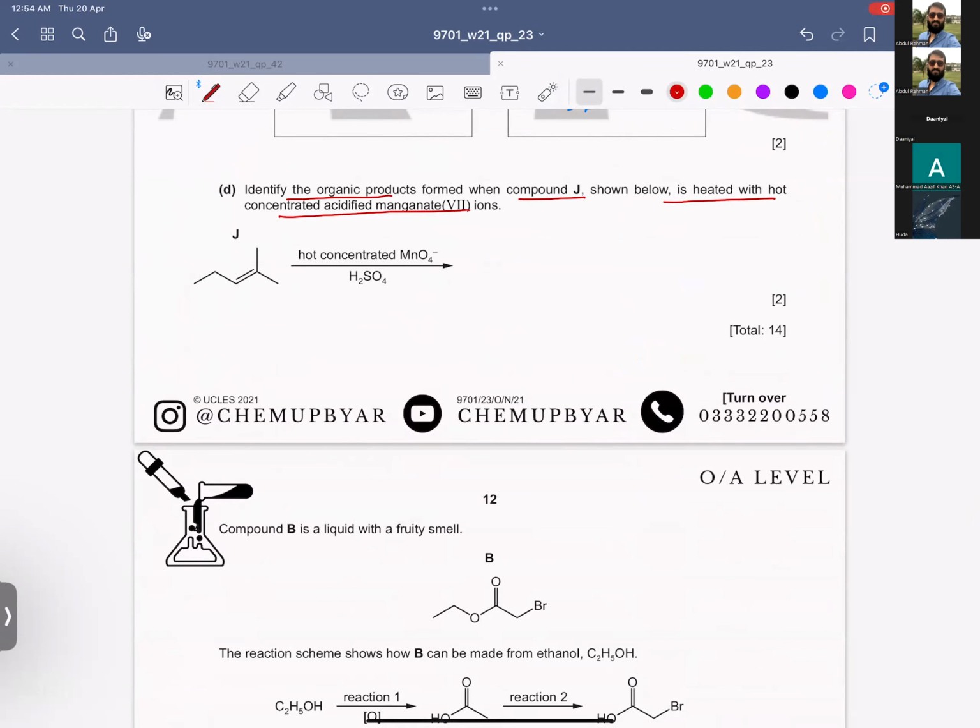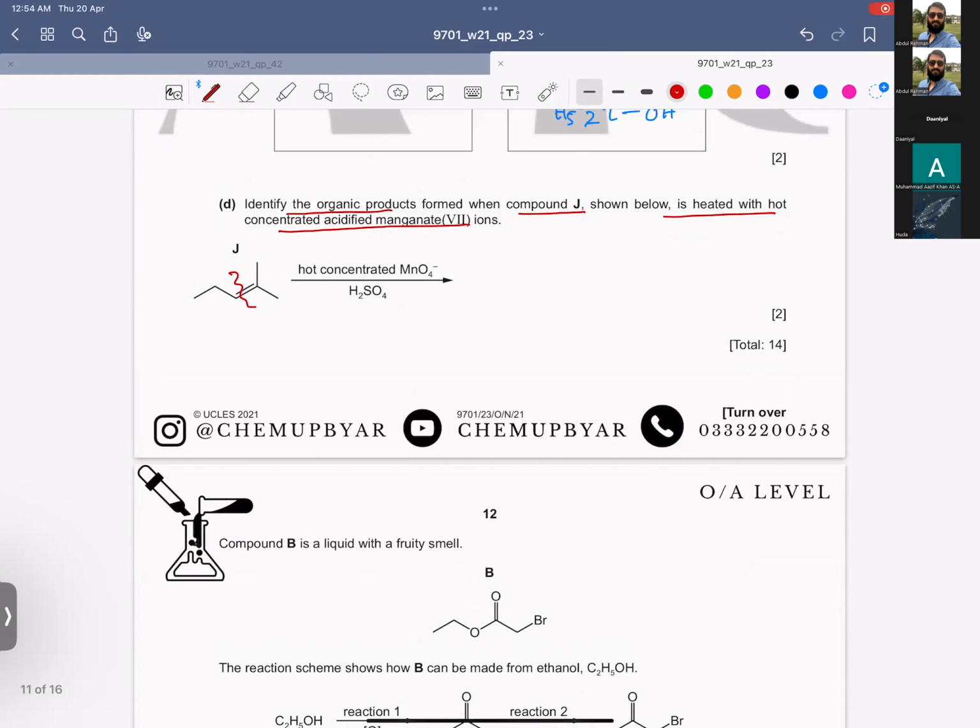So heated with hot concentrated manganate(VII), in the presence of hot concentrated manganate, if you recall, from here the bonds are broken down and we are left with these two structures.